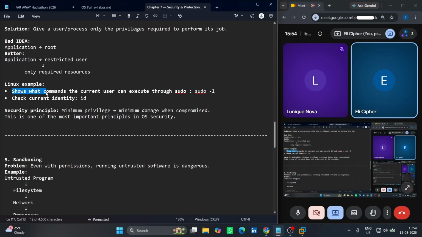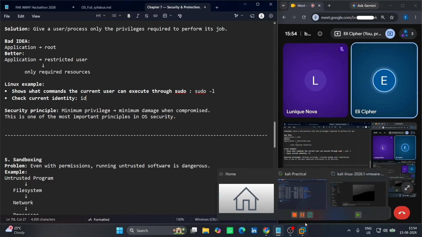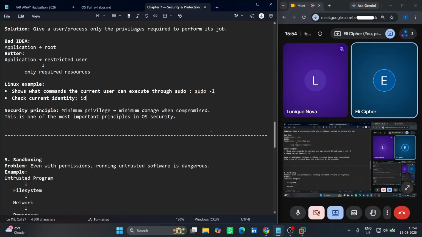Now, show what commands the current user can execute through sudo. There are three kinds of users: root, sudoers, and normal users, right? We will discuss this in our Linux module.